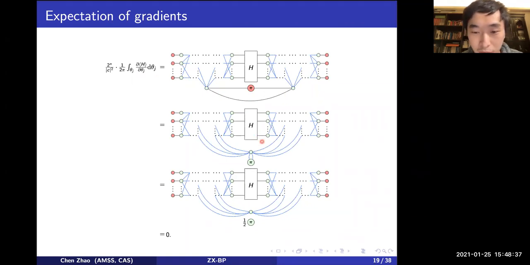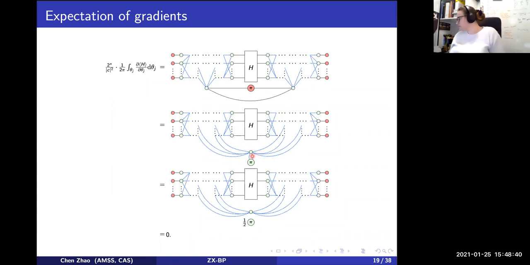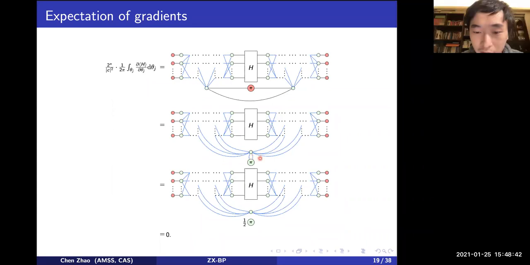Then by the rewriting rule, we will have two parallel Hadamard edges. And by the Hopf rule, we can remove these Hadamard edges. Then we will get an individual Z spider. And this spider with phase pi is just 0. And by now we can prove that the expectation of the gradient is 0. And it is much simpler than the previous result.